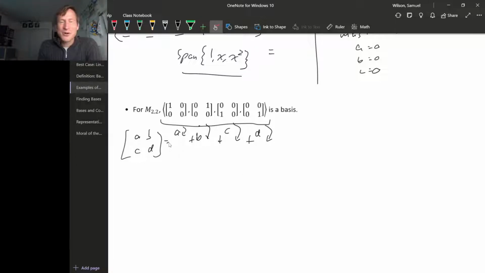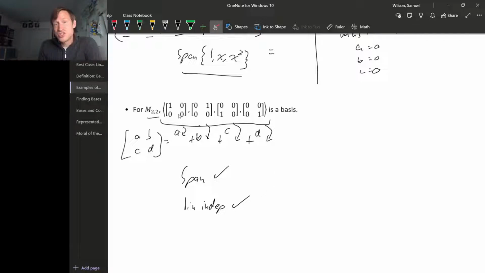So these span M2,2, and we have a spanning set. Then, are these linearly independent? Again, I won't write it out, but if you write a linear combination of these and set it equal to 0, the only way to make that happen is for a, b, c, and d to be 0. So linear independence also holds.